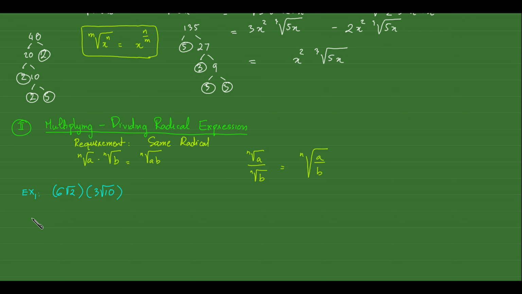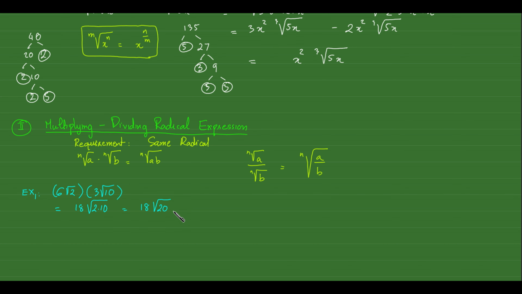I just need to multiply the coefficients, which is 6 times 3 is 18. Then I'm gonna apply this property because the radical is the same, so I just need to multiply the radicands together and combine them under one radical. So that's 18 square root of 20.